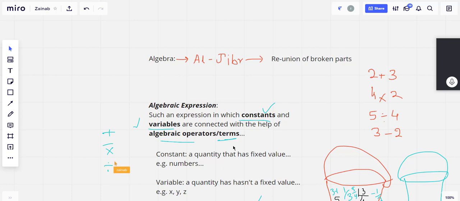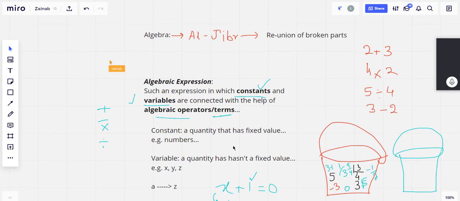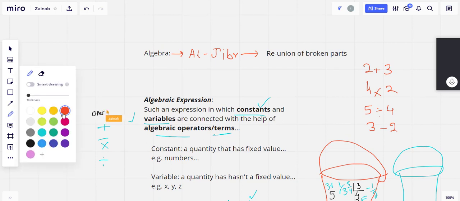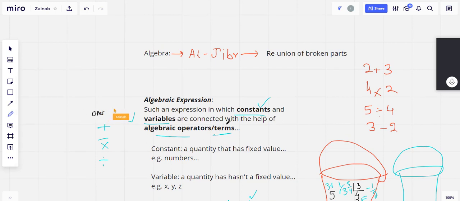That's right. Now let's write an algebraic expression. I have written many algebraic expressions during the examples while I was explaining constants, variables and terms. So let's write now, let's say 3x plus 5.